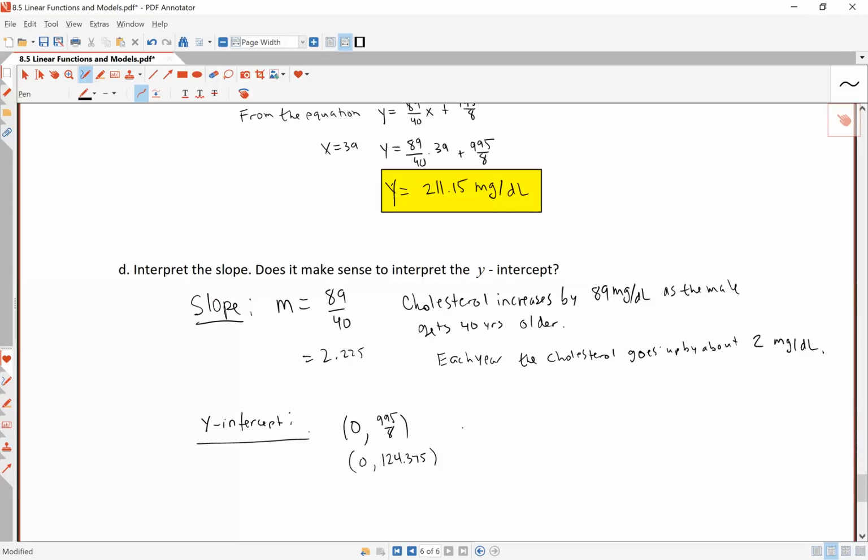So that means if a male is 0 years old, the cholesterol is 124.375 milligrams per deciliter. It really doesn't make any sense for us to test the cholesterol level of a 0-year-old male. So this doesn't make any sense.